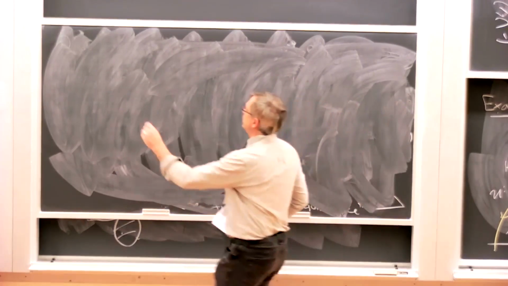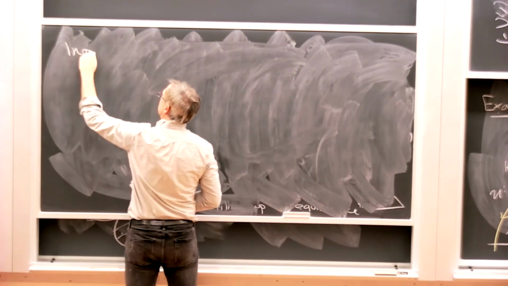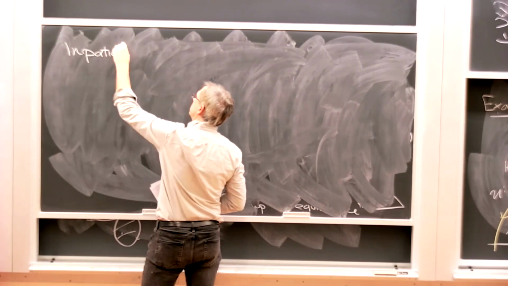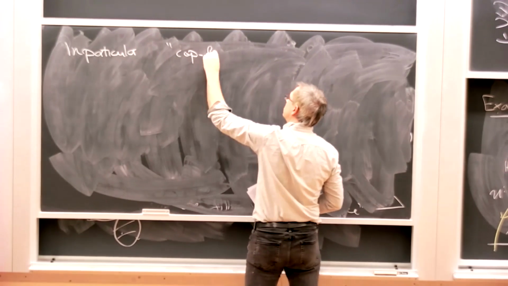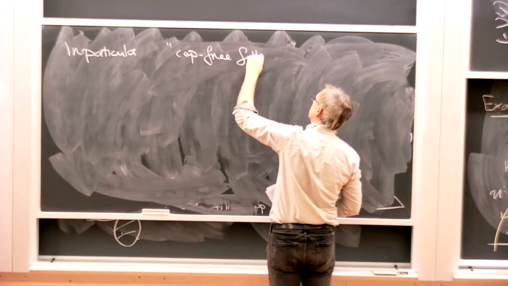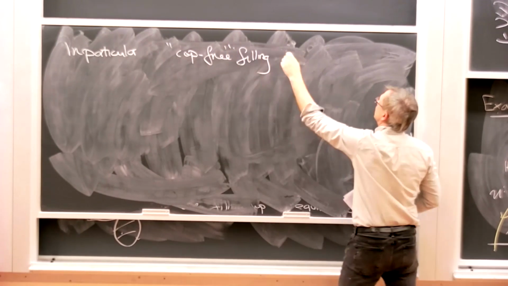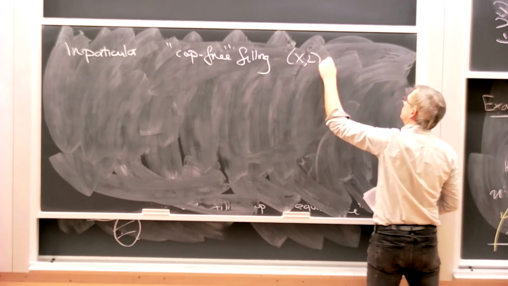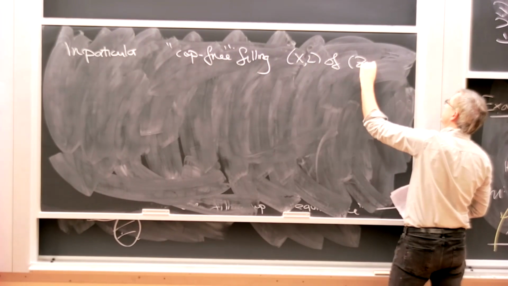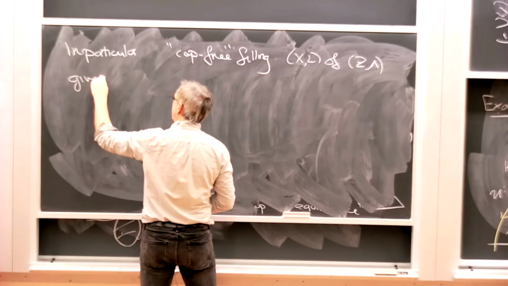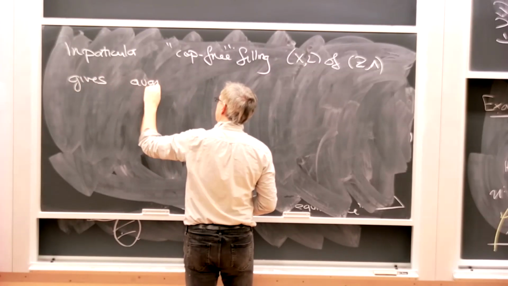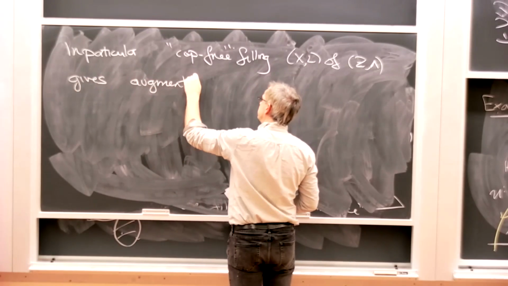But in particular, if I have an exact filling, X, L of Z, lambda, then this gives an augmentation.